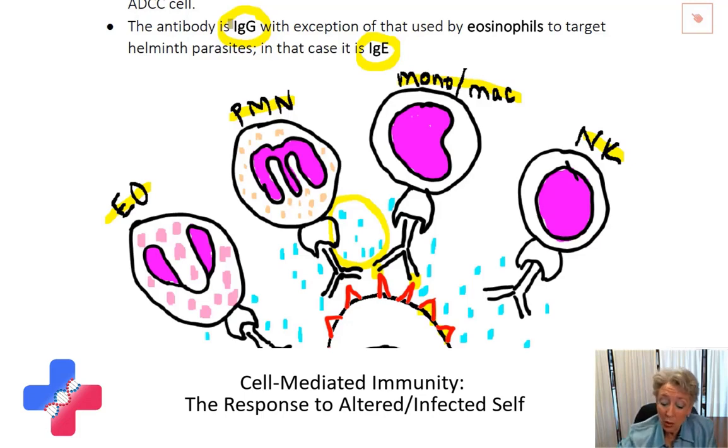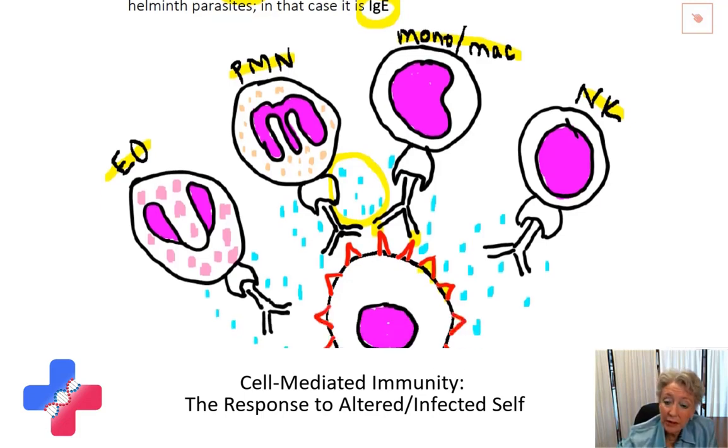Now, to think about why I would need this particular mechanism, I'm going to tell you the story of a particularly unusual virus that belongs to the herpes family, namely cytomegalovirus.